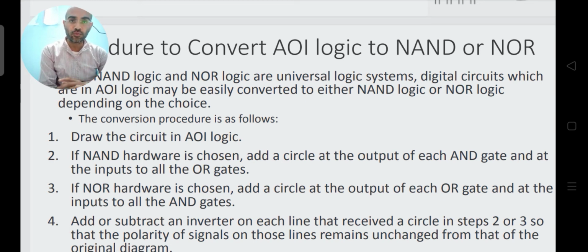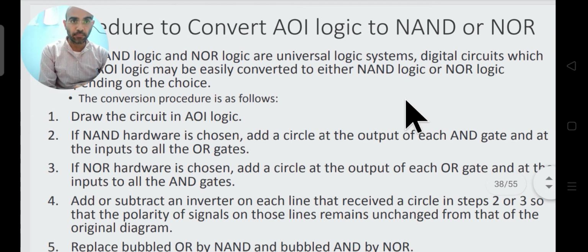If these two bubbles come in series, they can be ignored. I'll explain this with the help of an example as well.